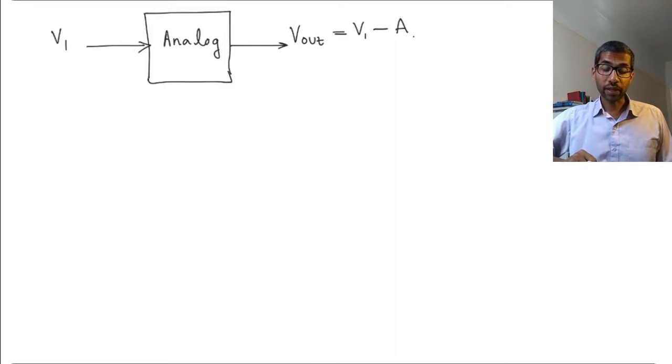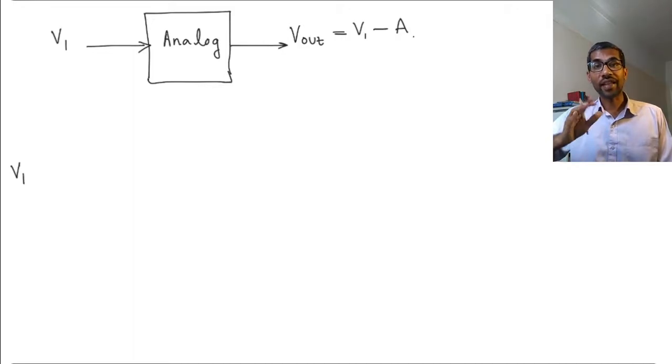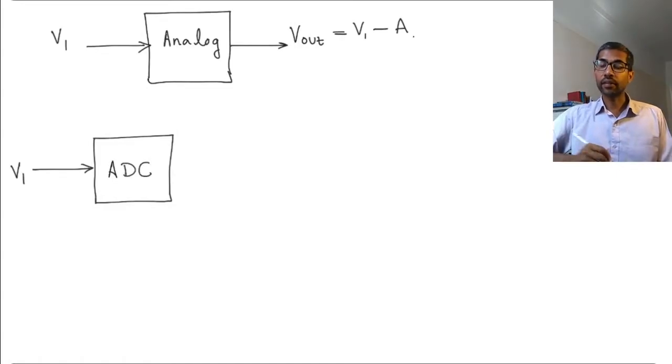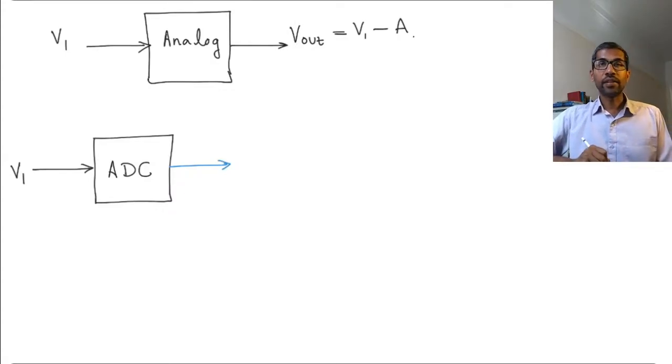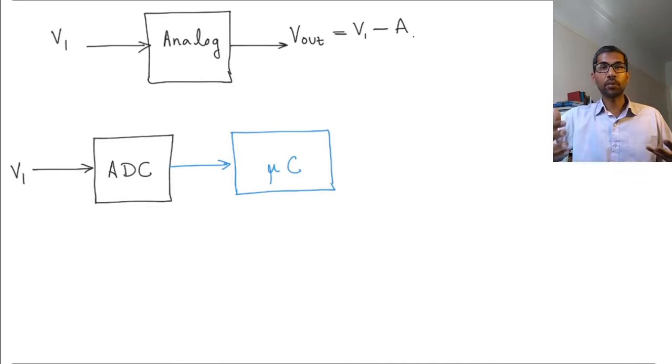So, how are we going to do that? You have this V1, and this V1 is an analog signal. So the first thing that you'll have to do is take this V1 and convert it into a digital signal. And this is done using an ADC. And once you've done that, you can take this signal into a digital processor. Let's just write, let's say, a microcontroller. So this digital processor that we're talking about is a microcontroller.